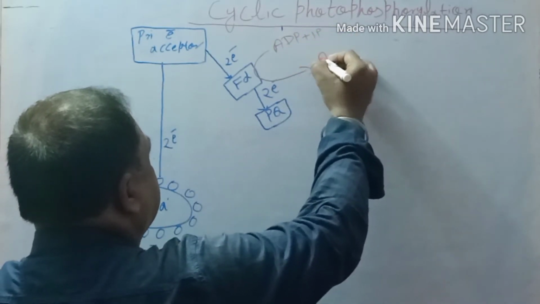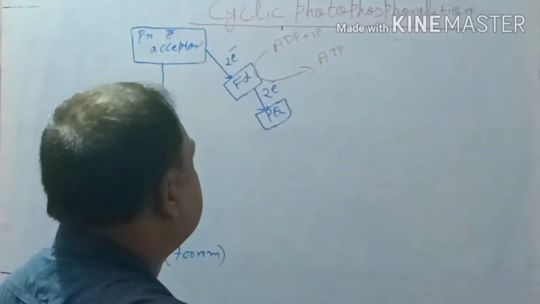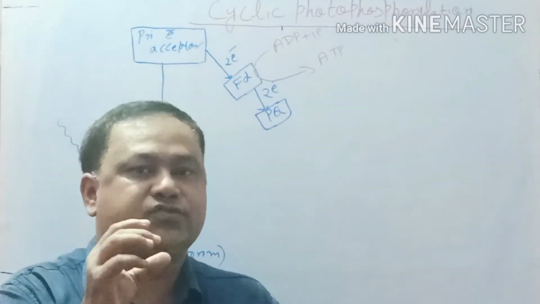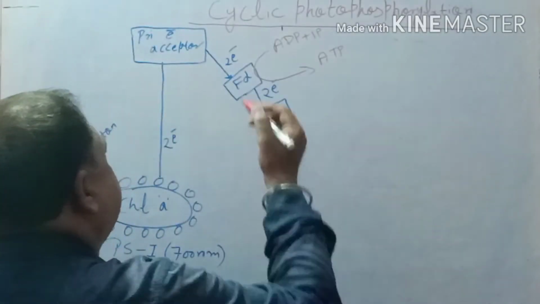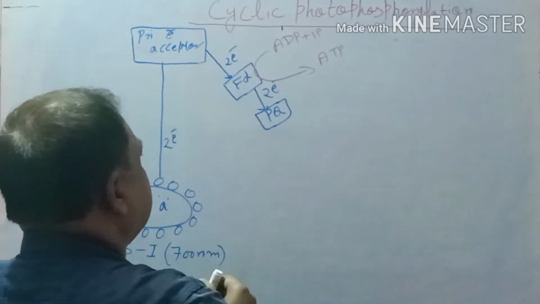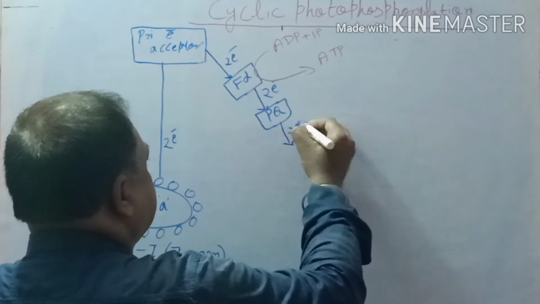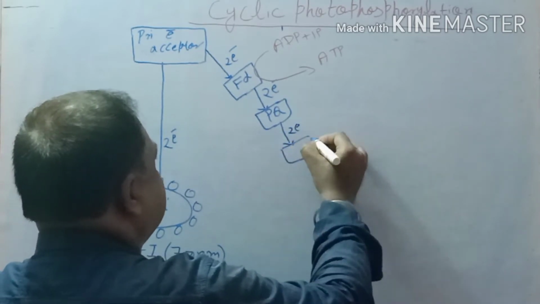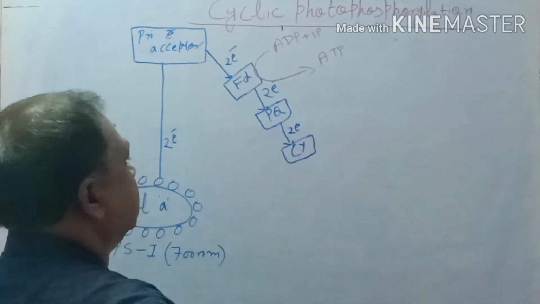So ATP formation, or phosphorylation, takes place first at the surface of ferredoxin. Then the 2 electrons pass here and go to cytochrome.